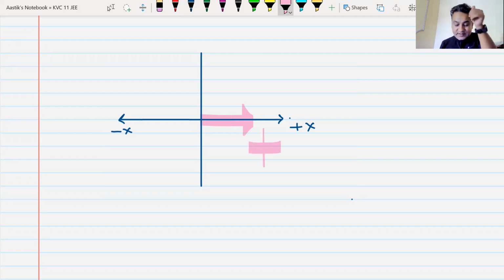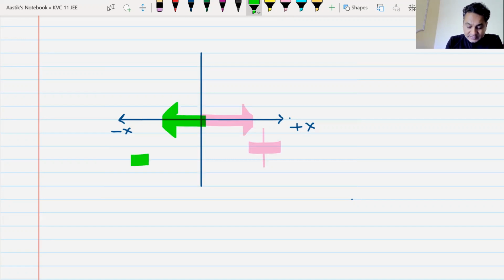Do you understand this? It is simple because it makes sense. Positive x-axis, let us call it positive. Then if anything is moving along the negative x-axis, it automatically becomes negative. Do we understand this? So if the motion is taking place along the x-axis, this will be my convention. This is positive and this is negative.